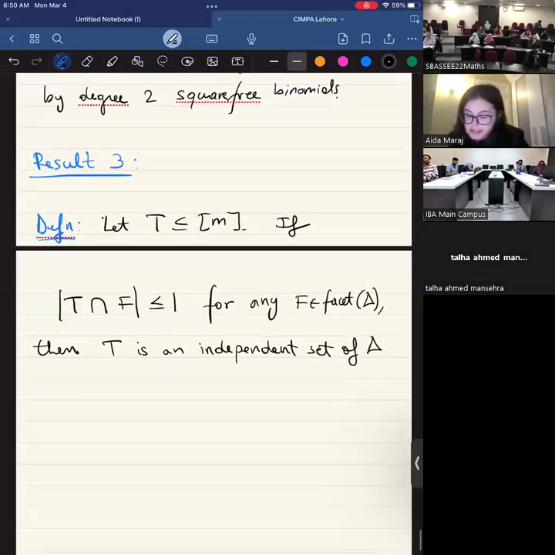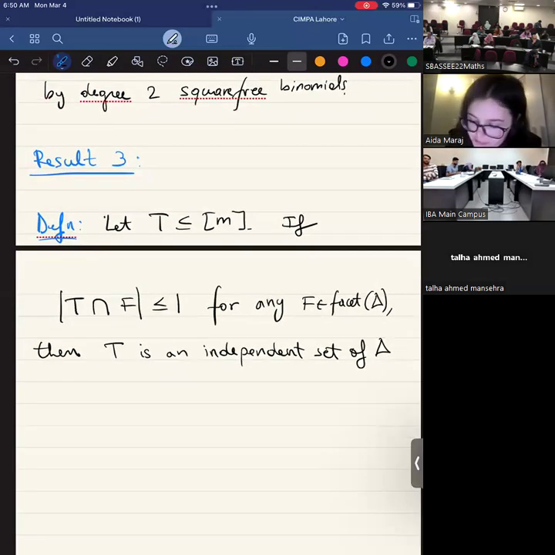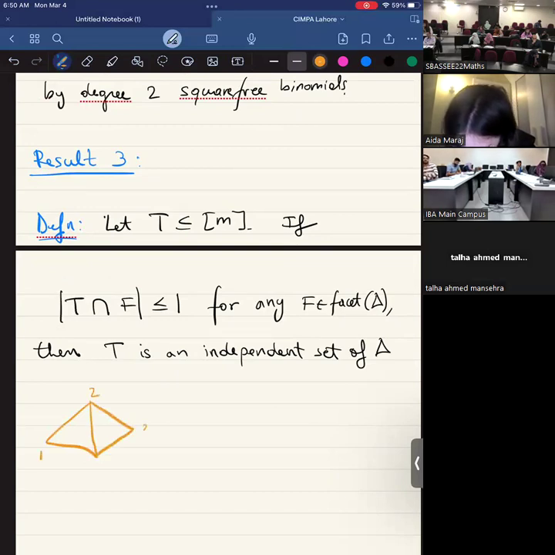For example, I'm going to take the picture I started with, with vertices 1, 2, 3, 4.